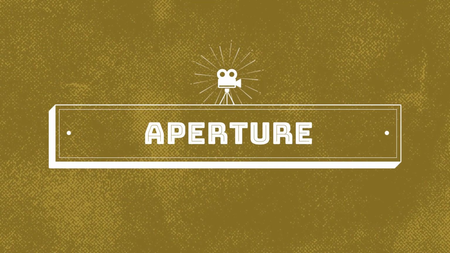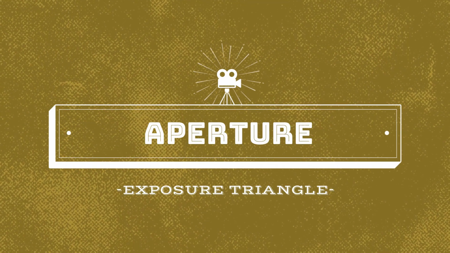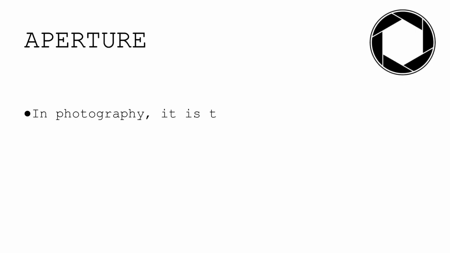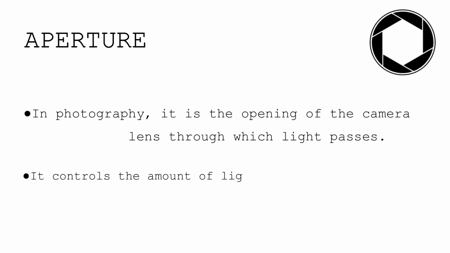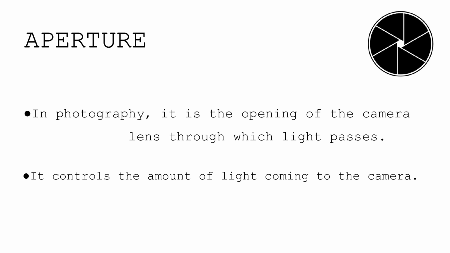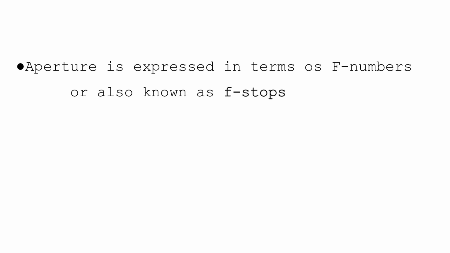First is aperture. Aperture in photography is the opening of the camera lens through which light passes. It controls the amount of light coming to the camera. Aperture is expressed in terms of f numbers, also known as f-stops.